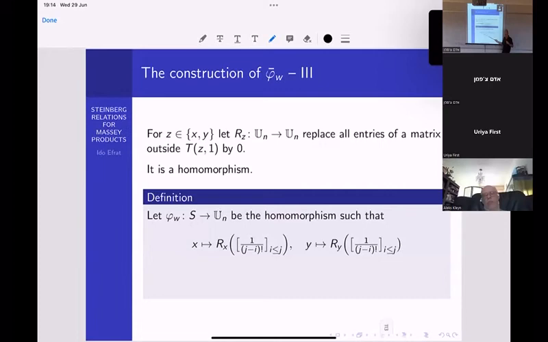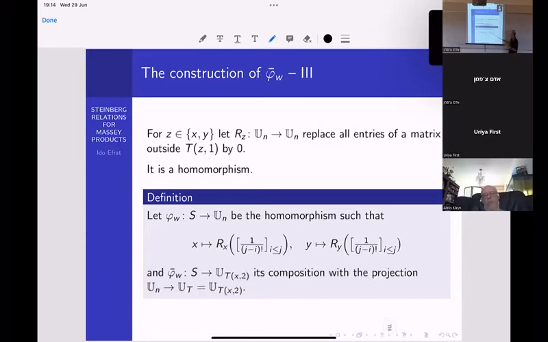There is an exponent. So you replace everything outside T^X_1 by 0. Y goes to the same thing, but you replace other entries, entries outside T^Y_1, by 0. And okay, this was a homomorphism into U_N.